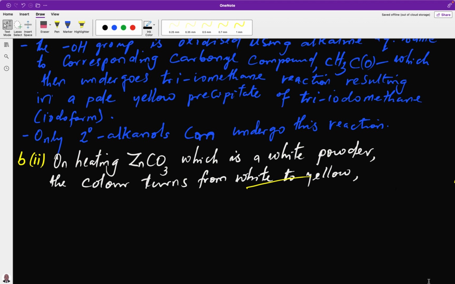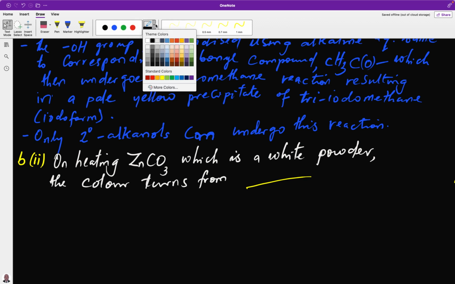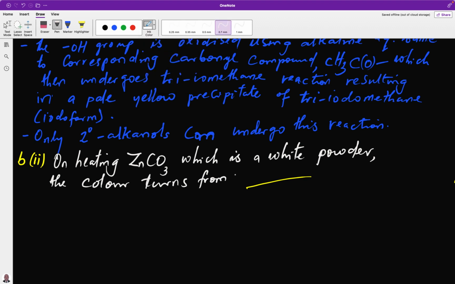I said it is from white to yellow. So now, I said on heating zinc carbonate, which is a white powder, the color turns from white to yellow.